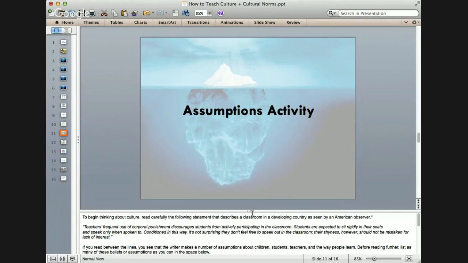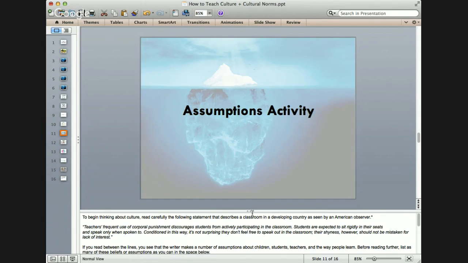So what are some of the assumptions that you think are embedded in just these few sentences? I think definitely assuming that the students are shy might be an assumption.